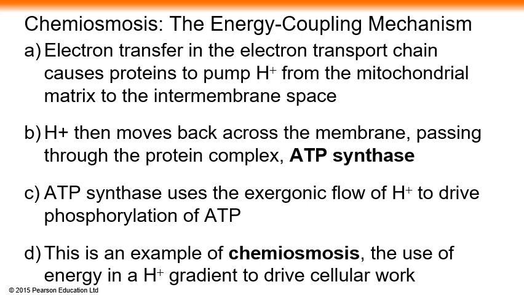H plus ions then move back across the membrane, passing through the protein complex ATP synthase. That's why, when electrons go through the electron transport chain, H plus ions are pumped into the intermembrane space, which therefore has a high concentration of H plus ions. With that high pressure, they have to go back, otherwise it's going to explode.